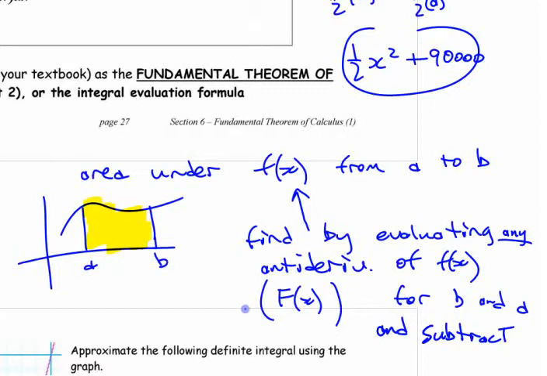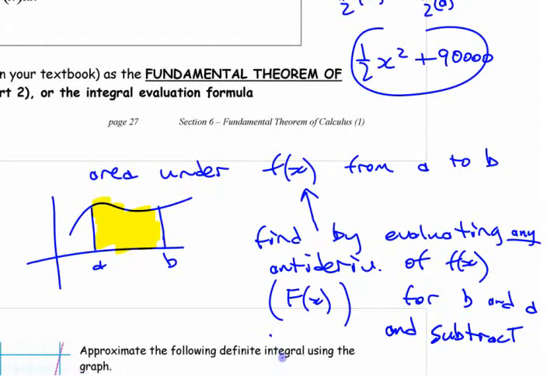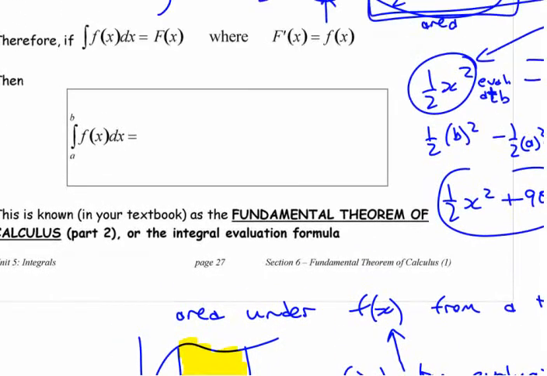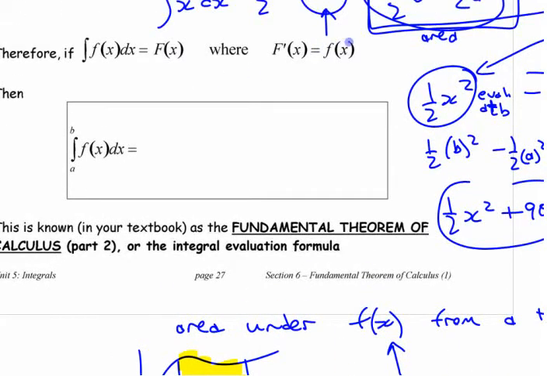So up above there where it's written out, this is this kind of symbolic way of doing this, right? If capital F is an antiderivative of this, in other words, like if this is x to the third, this is 1/4 x to the fourth, for example here.